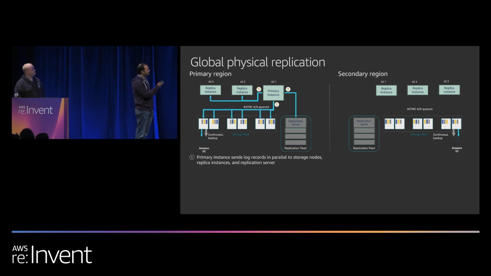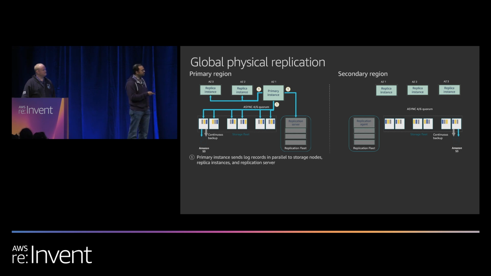So when the database instance is sending writes, the log records that are being generated are being sent in parallel to the read replicas, and to the storage to achieve a 4 out of 6 quorum. And we added a new internal service that is managed and hidden.